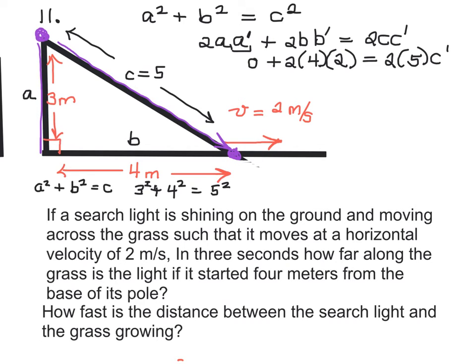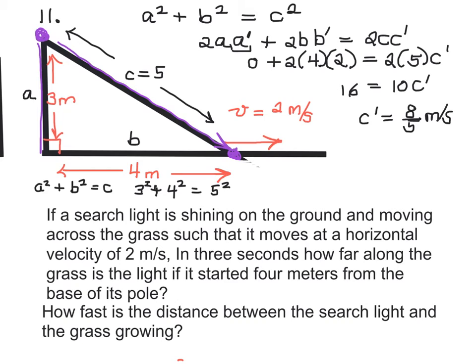How quickly is it growing? And so we can then say 2 times 4 is 8 times 2 is 16 is equal to 10 c prime. So c prime is equal to 16 divided by 10, or 8 divided by 5 meters per second.